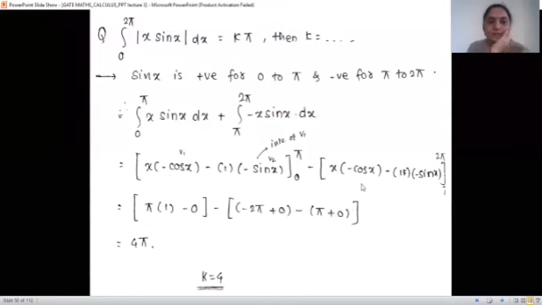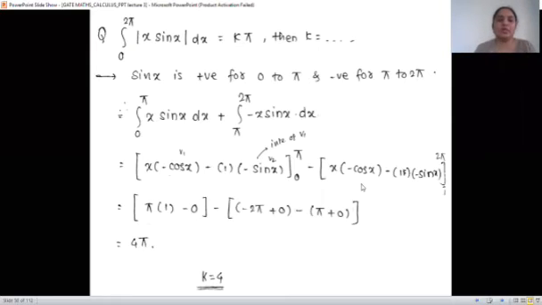Okay, here is the answer. Sin x is positive for 0 to pi and negative for pi to 2 pi. Just check: sin 0, sin pi, and in between there is pi by 2, so sin pi by 2 is 1. So everywhere it is positive. And if we go from pi to 2 pi, the value of sin x will be negative.